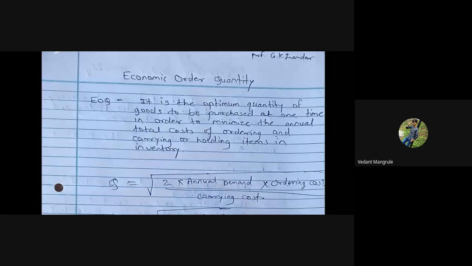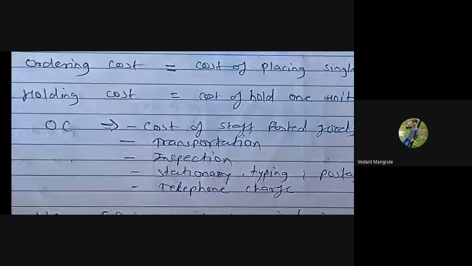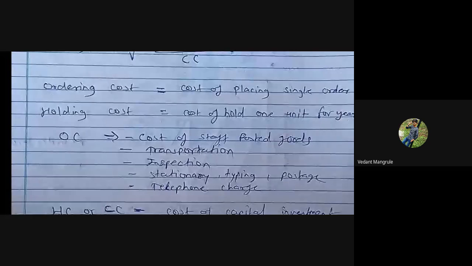Ordering cost may be, for example, transport cost, some failure cost; we will see that cost also. Ordering cost is equal to the cost of placing a single order. Suppose we have to buy one vehicle. What is the price of that vehicle?